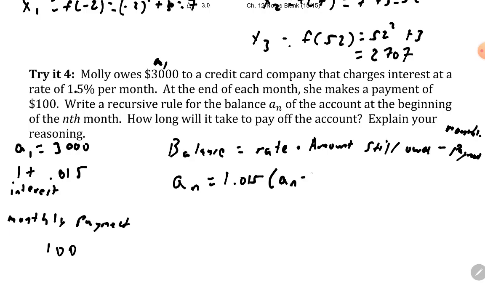Our recursive rule is whatever the previous amount was, a sub n minus 1. We start out with 3,000, then we add 1.5%, then we subtract 100, and that gives us our new balance, and then we take that number and do the same process.